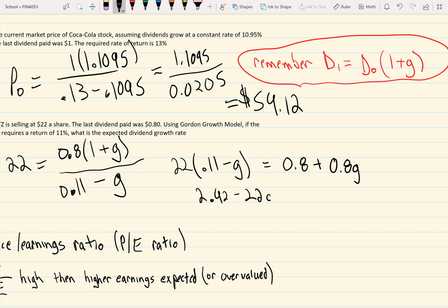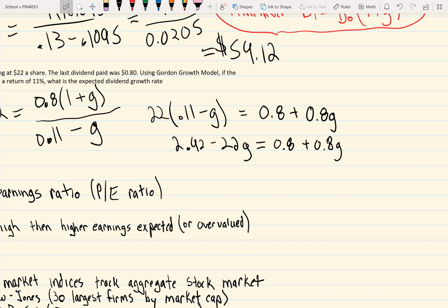Minus 22G. So obviously we want to add the negative 22G to the other side and subtract the 0.8 from the other side. So 2.42 minus 0.8 is 1.62. And then 22, obviously, plus 0.8 is 22.8G.